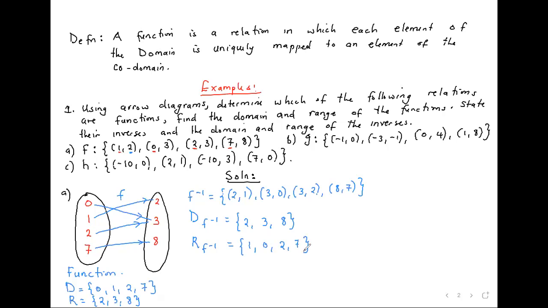So what we want to see here is that the domain for f and the range for f: the domain for f is actually the range for f inverse, and the range for f is actually the domain for f inverse.